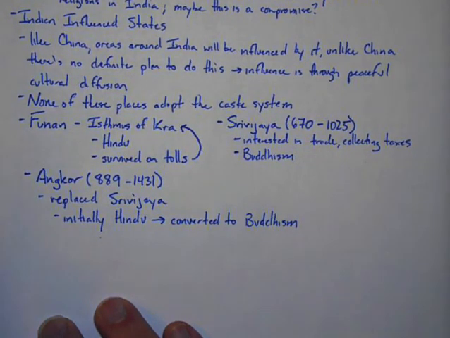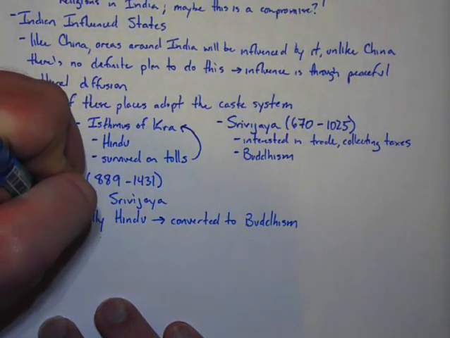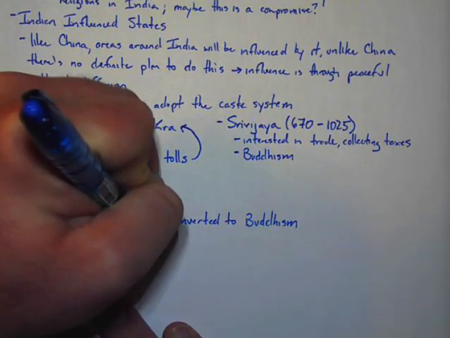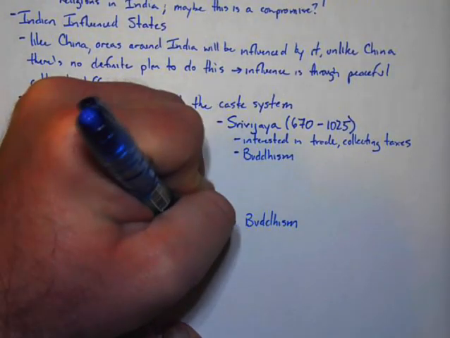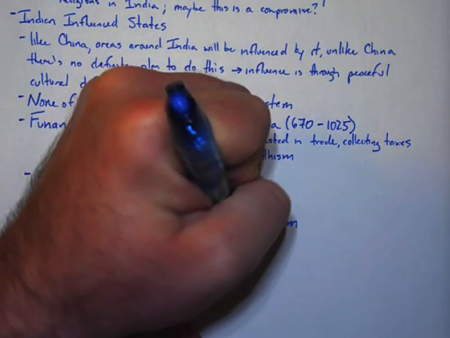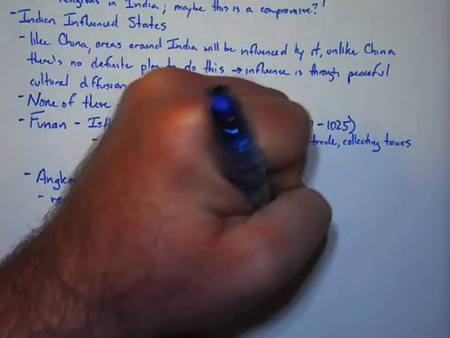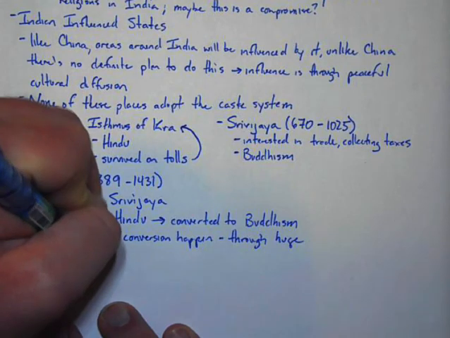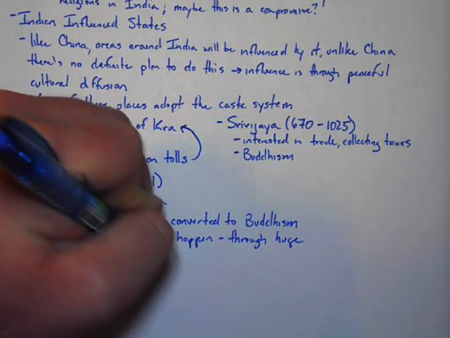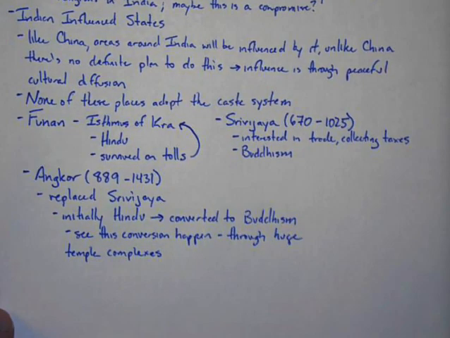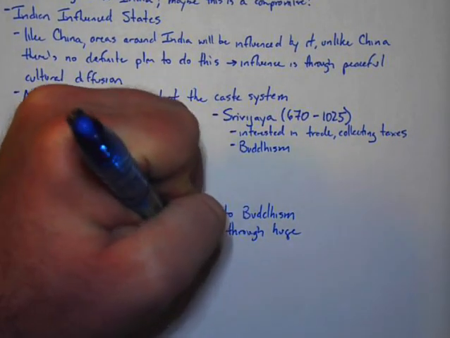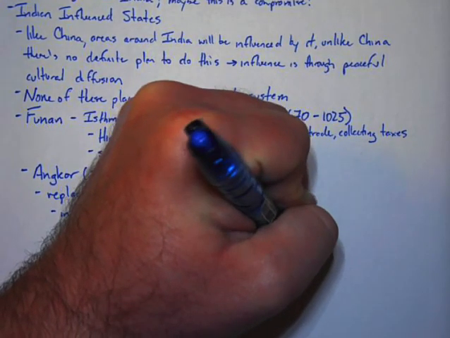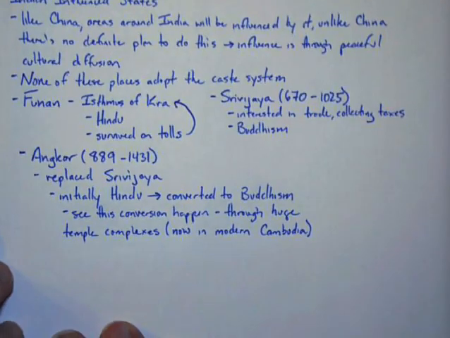And what's really interesting about Angkor is that we can actually see this conversion happen. And we can see it through these huge temple complexes that are now in modern Cambodia. And you can go visit them. They're still there.